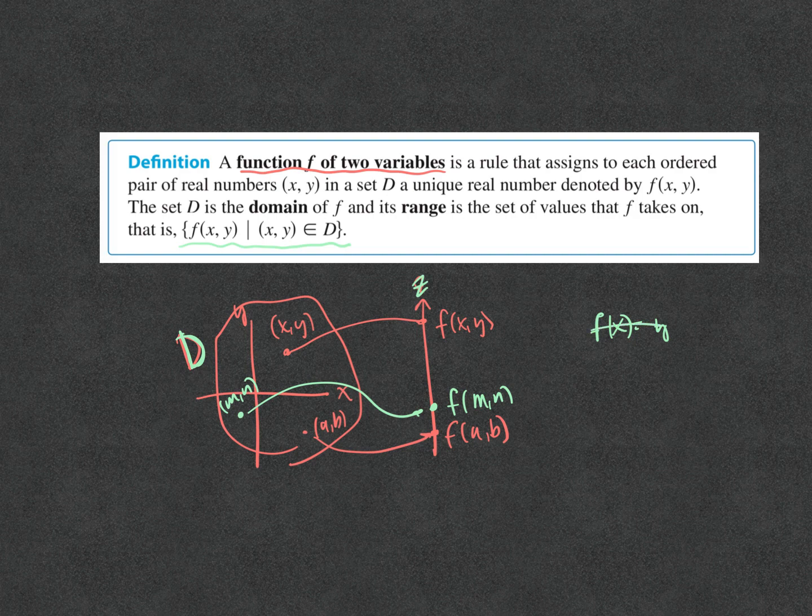We often, I'm going to cross this off because we're not living in this world, we often let z equal f of x, y, and that lets us know that the third value z is a function where we plug in x and y. In this case, x and y are your independent variables.